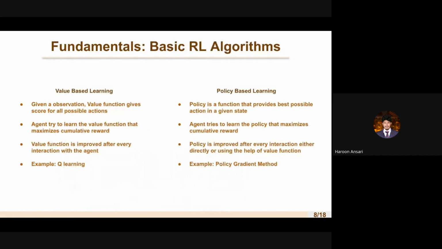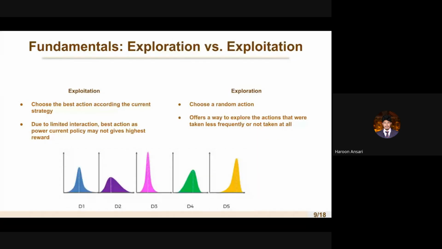Now one thing that is crucial to reinforcement learning is exploration and exploitation. We have just learned that over time we try to learn the value function that gives us the value corresponding to different actions.